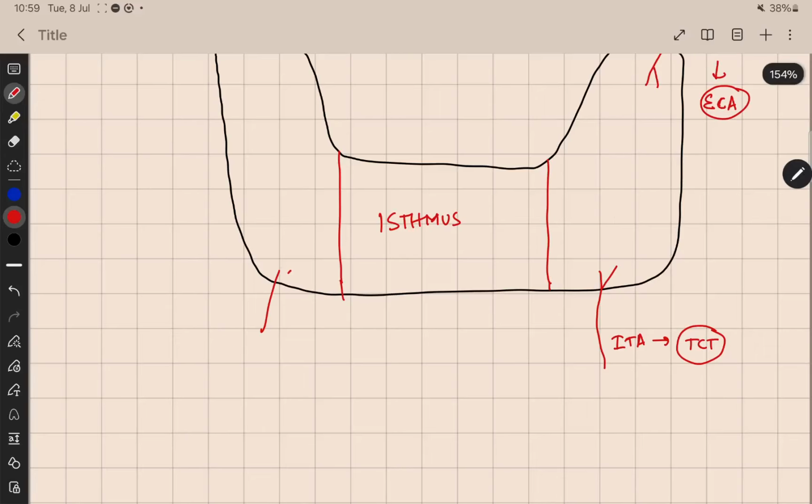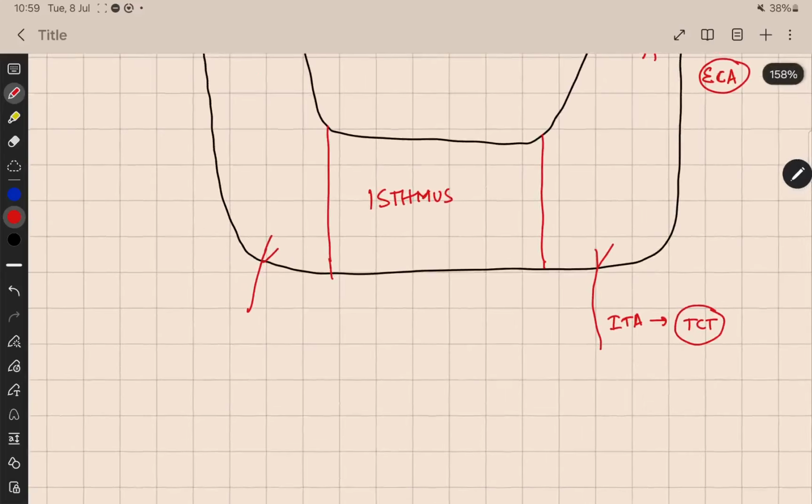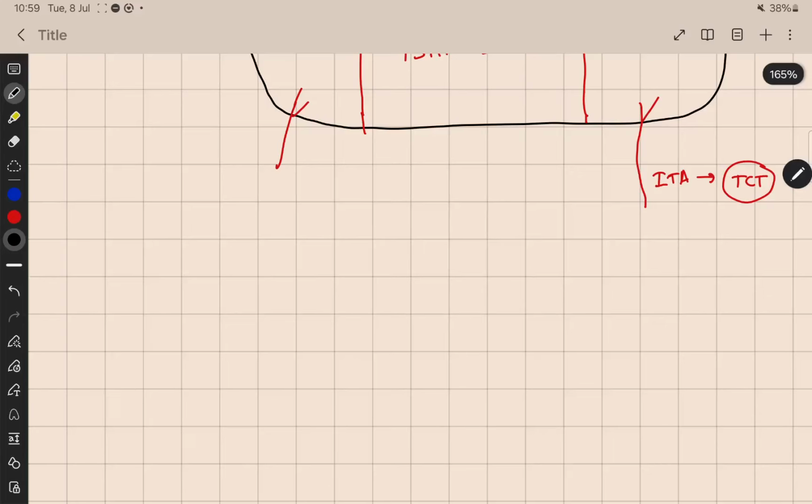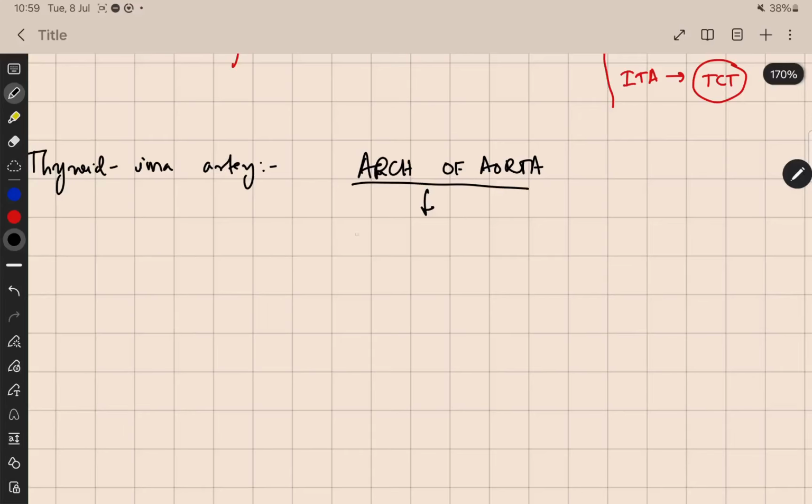Similarly, this side also. Sometimes there is also one more branch called the thyroid ima artery. It is a direct branch from the arch of aorta, and its supply goes through the thyroid gland to reach the isthmus of the gland.